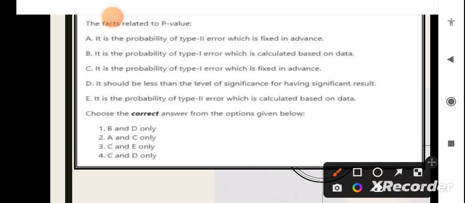B is, it is the probability of type 1 error which is calculated based on data. Statement C is, it is the probability of type 1 error which is fixed in advance. Statement D is, it should be less than the level of significance for having significant result. And E is, it is the probability of type 2 error which is calculated based on data.